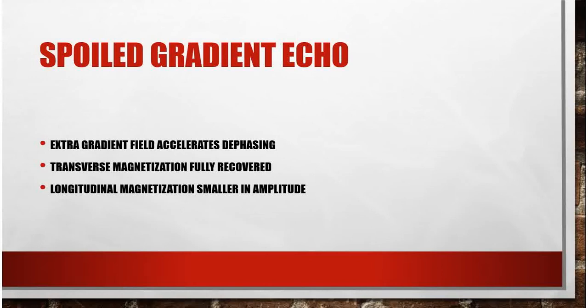Spoilers or crushers, as we learned in the MRI course, are used for this purpose. For faster imaging, transverse magnetization is spoiled with spoilers, and the spins become ready again for another excitation. However, one must consider the longitudinal magnetization carefully, since the following excitations are done without waiting for the longitudinal relaxation fully. So the amplitude of the signal in each excitation may decrease.